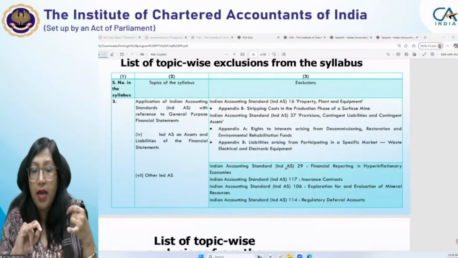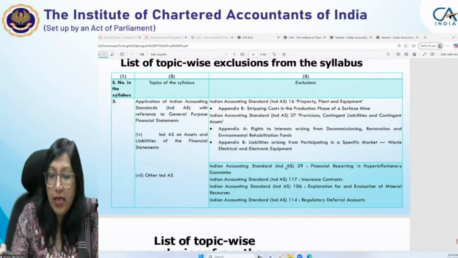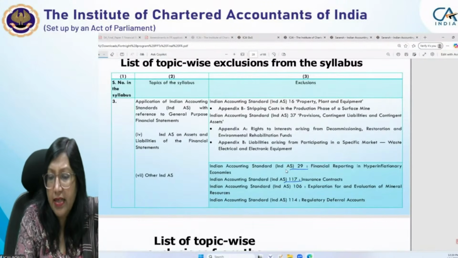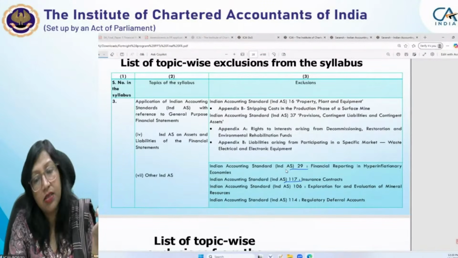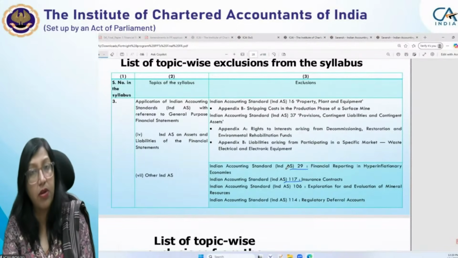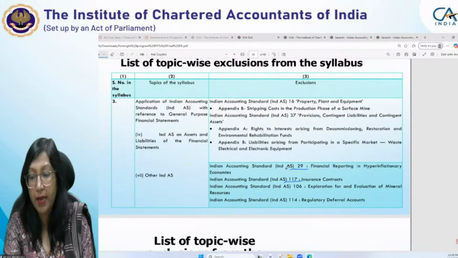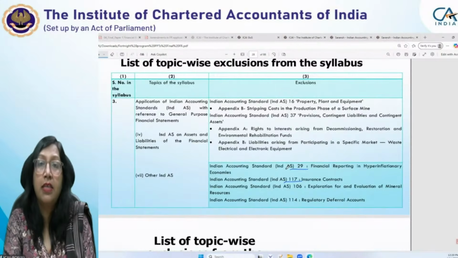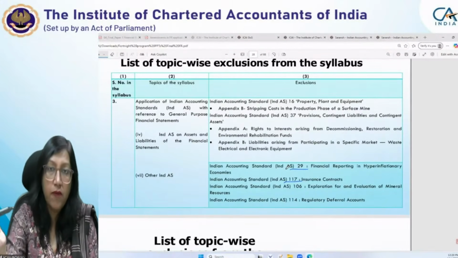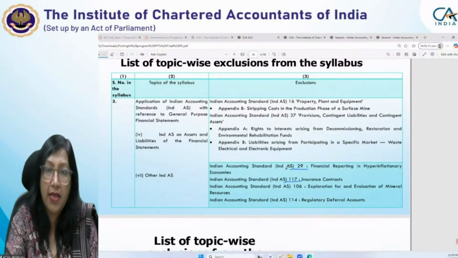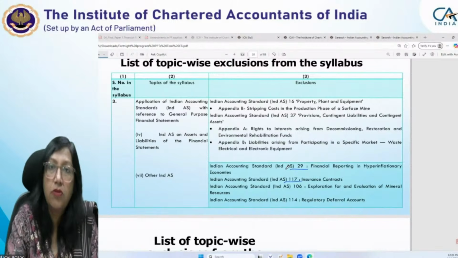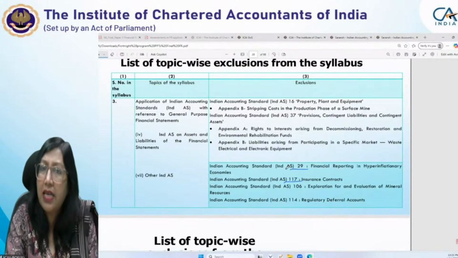Those standards are Ind AS 117, the newly notified insurance contract. Earlier we had Ind AS 104 insurance contract, which was also not applicable. This time that standard has been replaced by Ind AS 117, which is also not applicable to you because it is an industry specific standard.